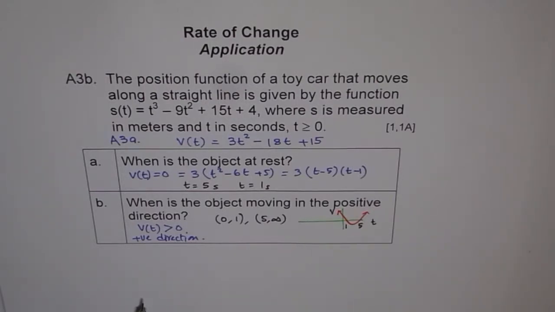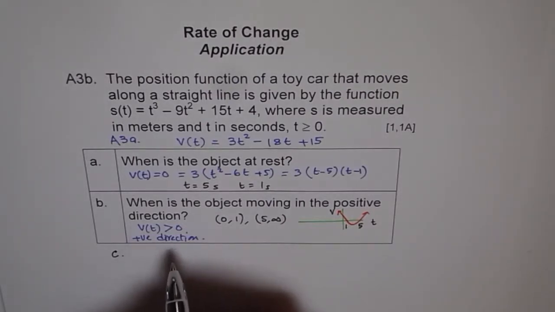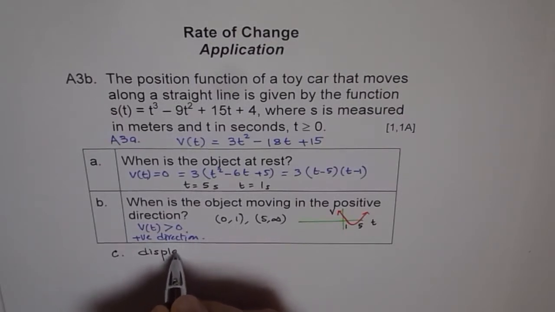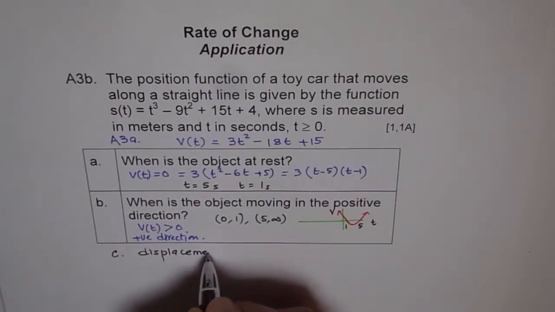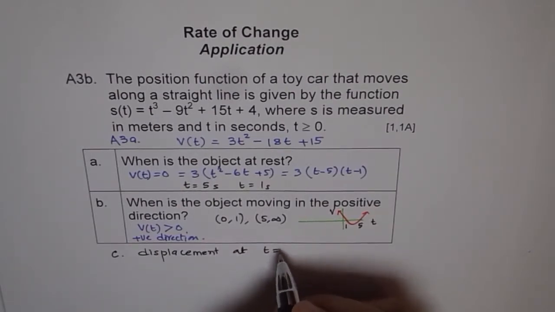The other part is part C of A3. I will leave this for you, and I'll just add a note here for you. I would like you to find the displacement at t equals 10 seconds.